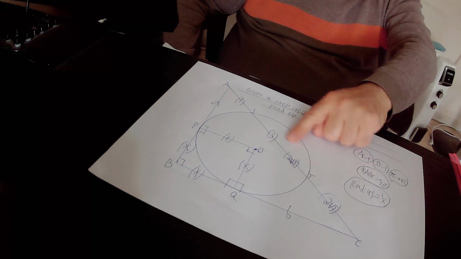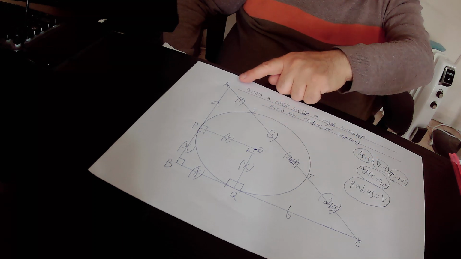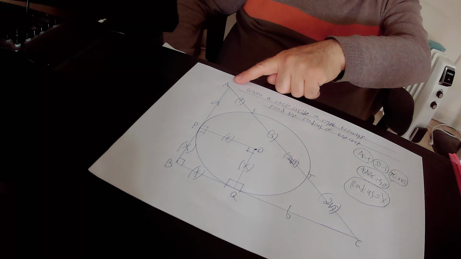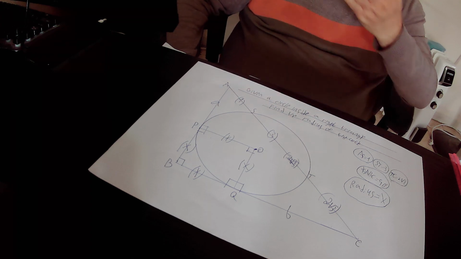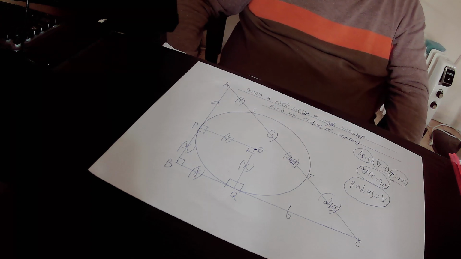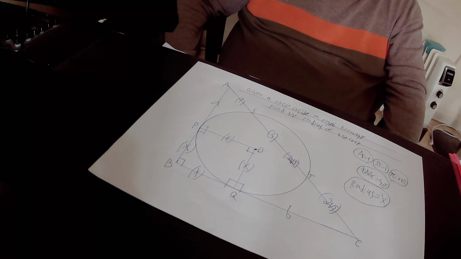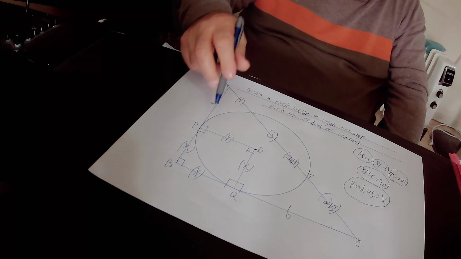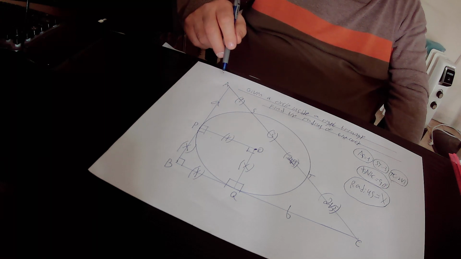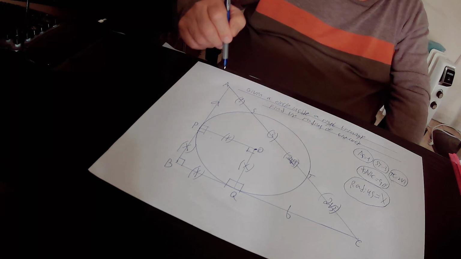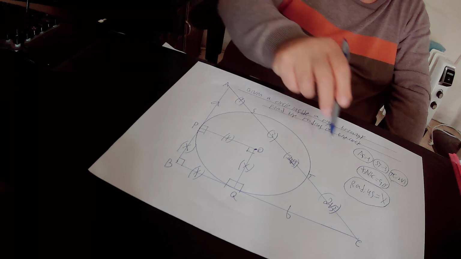The extended chord TS touches the common external point A here. So all the requirements of rule 10 are satisfied, therefore we can implement rule 10. According to rule 10, AP square equals AS times AT.